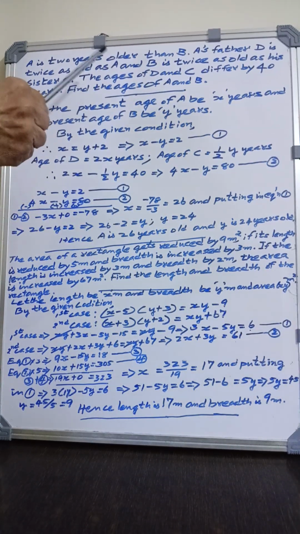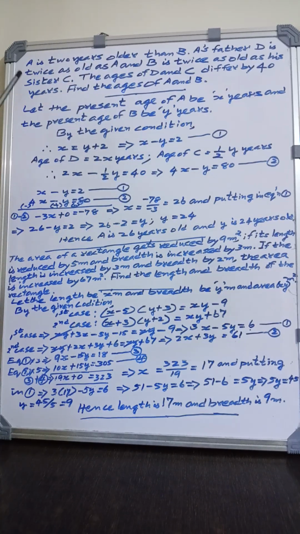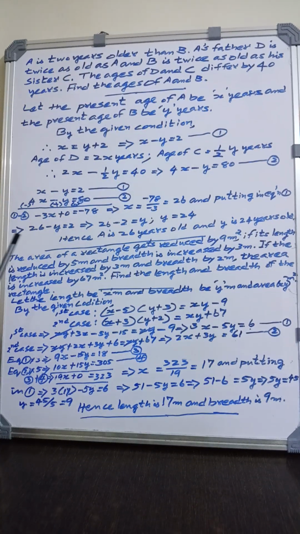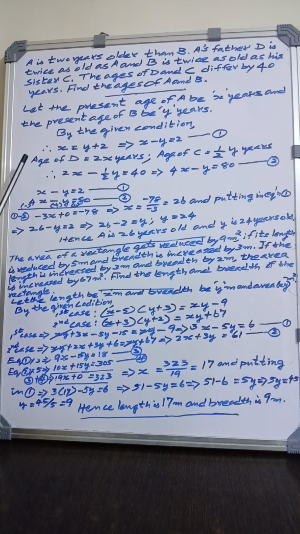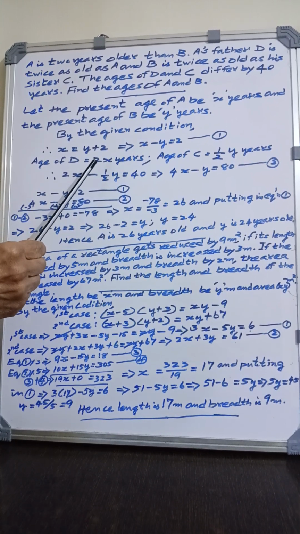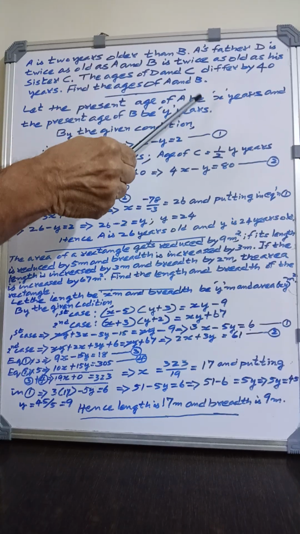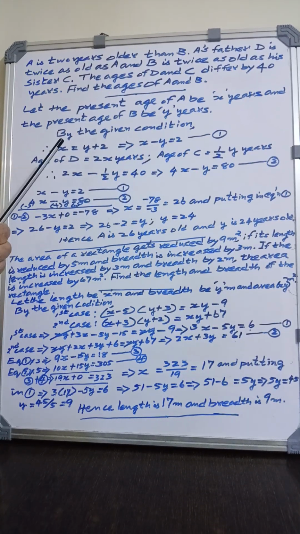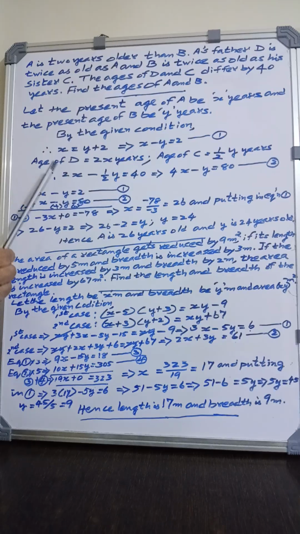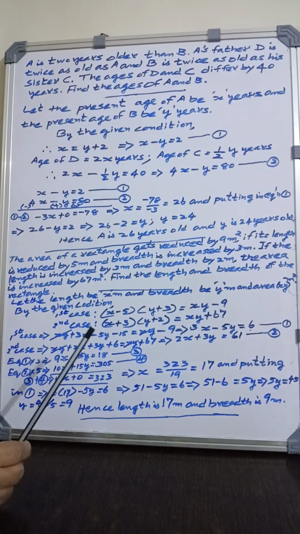The next condition given is that A's father D is twice as old as A. Therefore, the age of D equals 2x. Already we supposed the age of A to be x years. Therefore, D equals 2x years.